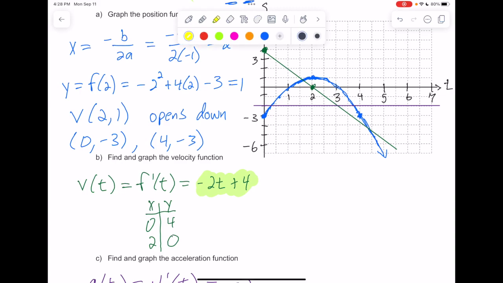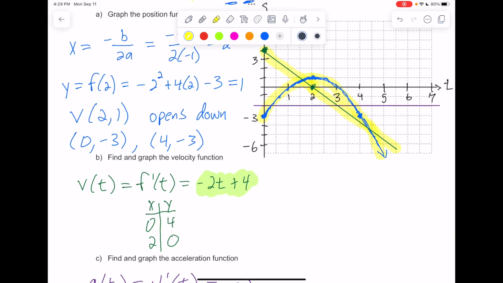So what's happening right here, the object is moving upward, and then during that whole stretch we do have a positive velocity while it moves upward. And then we reach a peak, which is a zero velocity, which we see on the intercept right there. And then we start going down, and during that whole downward point, our velocity is negative.